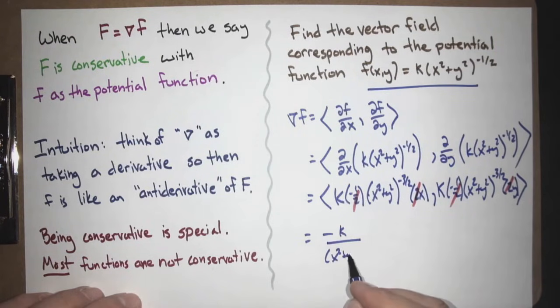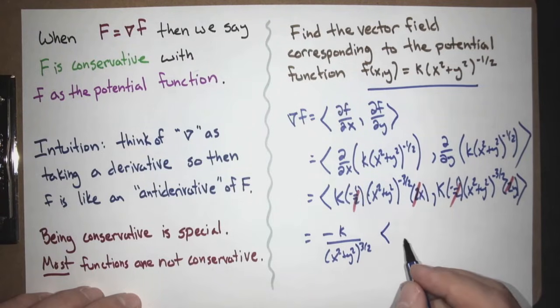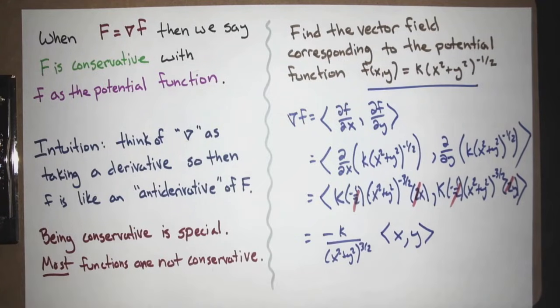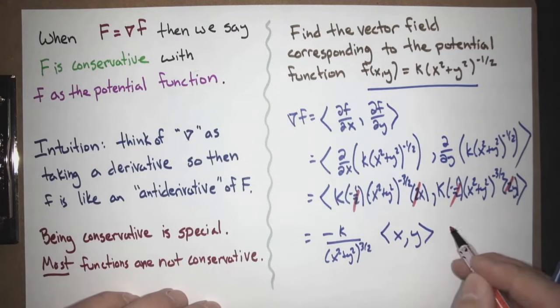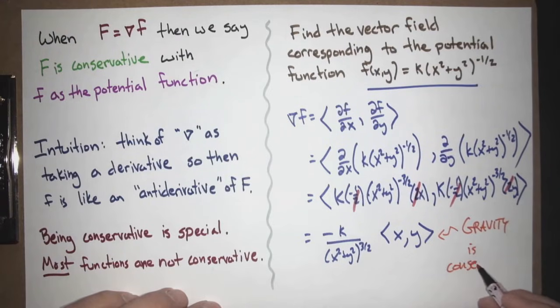Yeah, x squared plus y squared to the 3/2 in the denominator. What's left? In the first slot, x, second slot, y. Does that look familiar? What is it? Gravity. So this shows that gravity is conservative because it has a potential function.